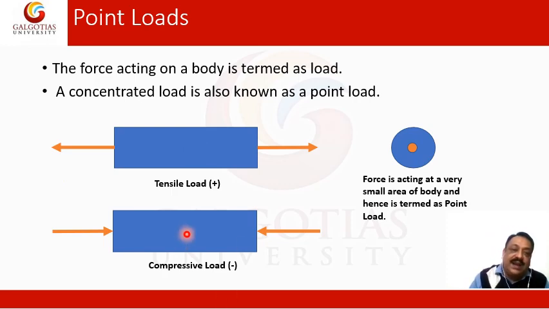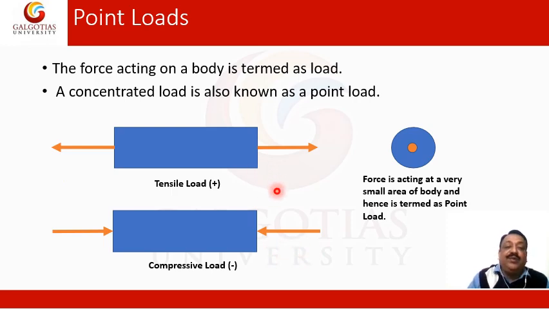While on the other hand, if you look at the second figure at the bottom, which is titled compressive load, you will find that two equal and opposite forces are acting on the two extremes of the member, trying to reduce the length of the bar, and hence they are trying to compress it, and hence it is called compressive load.